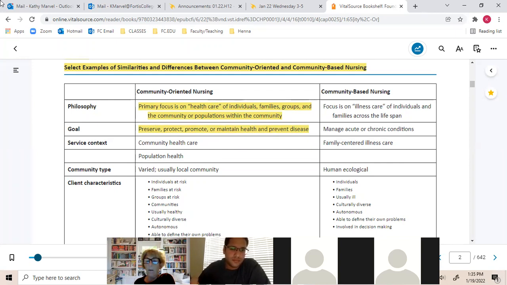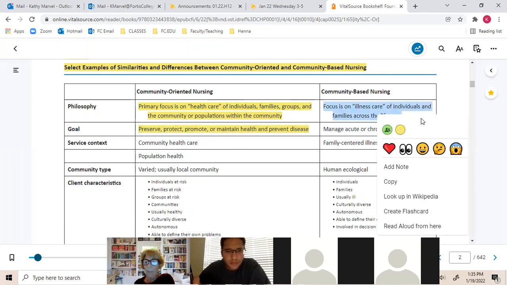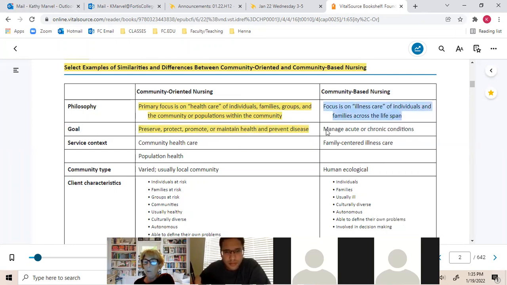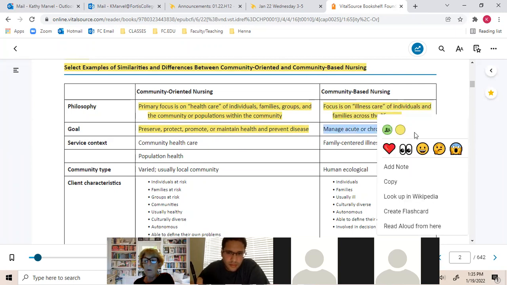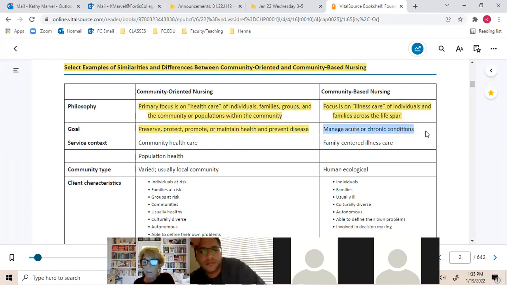Okay, if you're working in the community-based setting, this is much different. The way I think of it is you're already based in the community, working in the community. You're focusing on illness care of individuals and families across the lifespan.